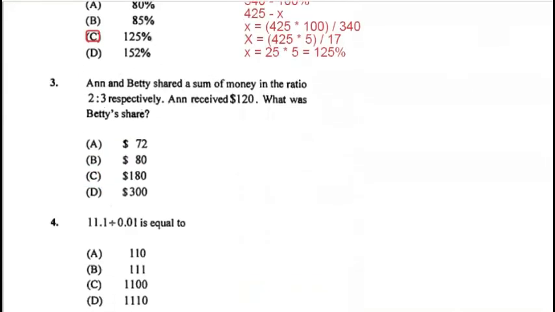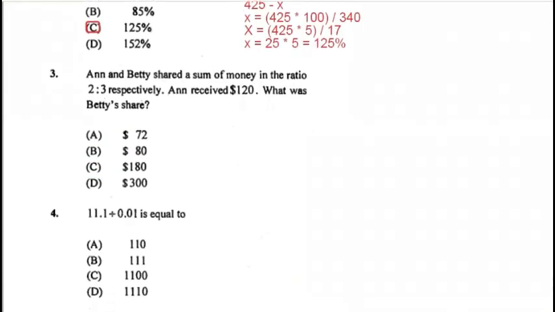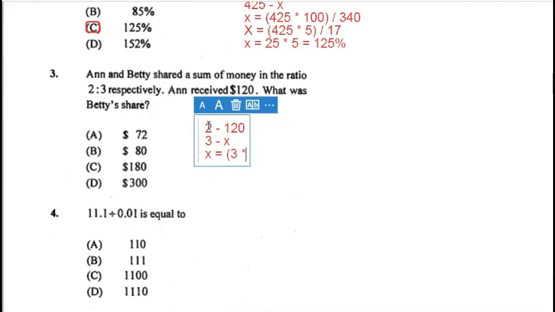125%. Number 3, Anne and Betty shared a sum of money in the ratio 2 to 3 respectively, and received $120. What was Betty's share? So there are different ways I can work this question, but I'm going to do it this way by saying, if Anne's share is $120, then what is Betty's share, which is 3, so that is equal to x, and we're going to solve for x by saying x is equal to, when we're cross multiplying, 3 multiplied by 120, and all of that will be divided by 2.